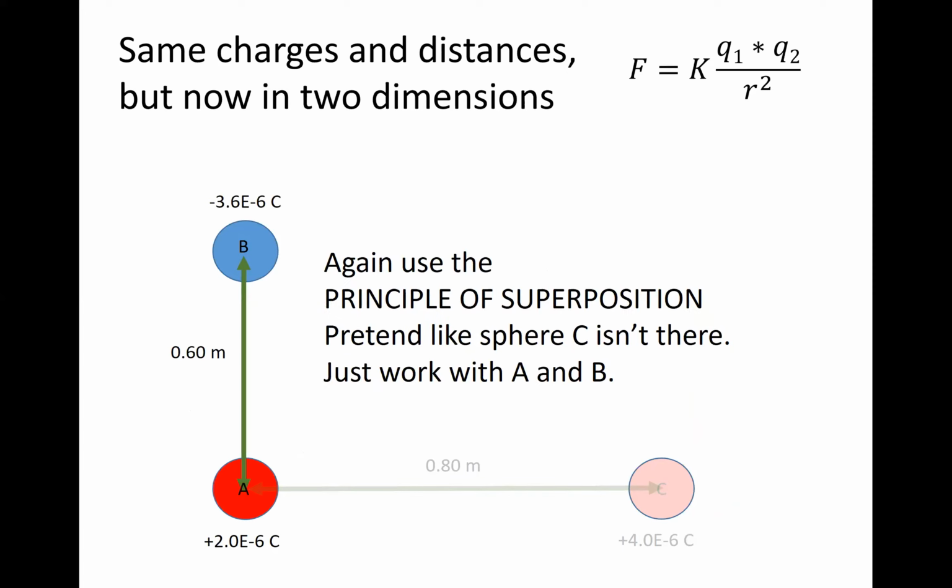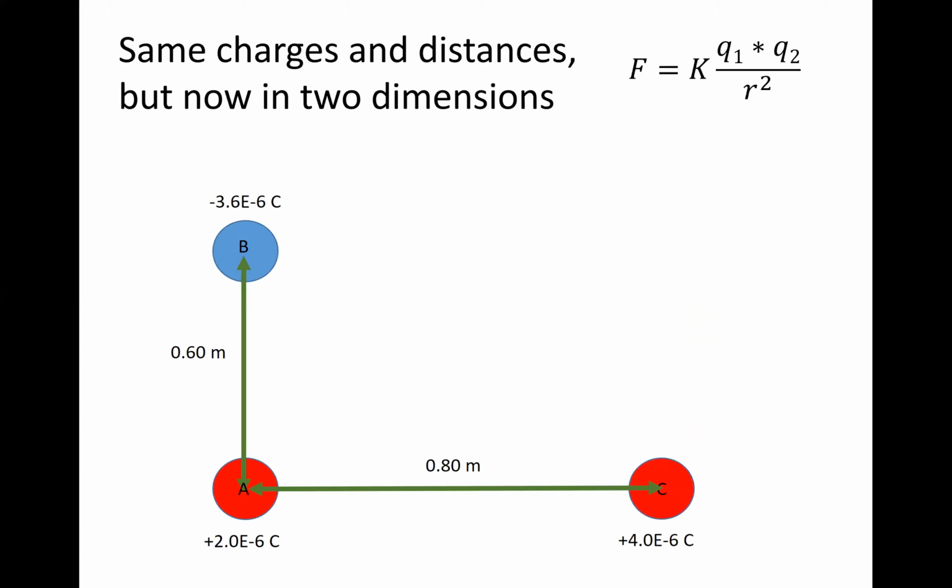Okay, so the original problem was this. Just looking at the picture, I know A and C, they're both positive, right? So I know the force on A is going to be to the left. It's going to be away, because remember, like charges repel, opposite charges attract.